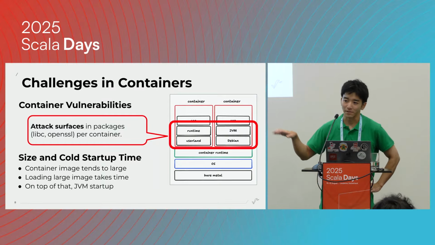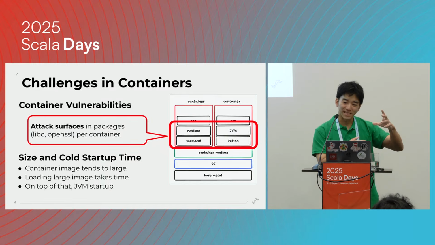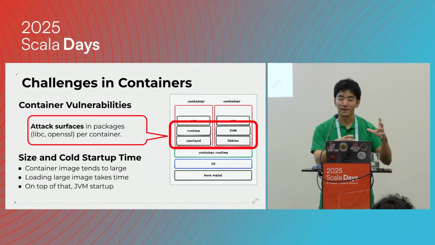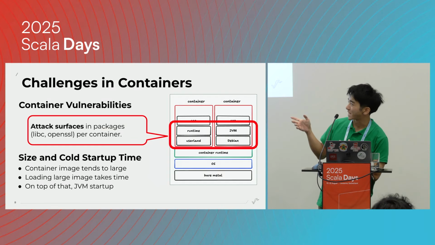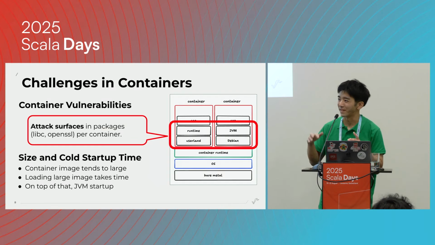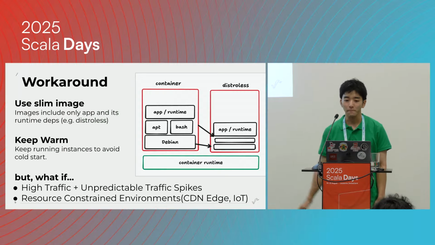Another challenge is size and startup time, because a container image installs a lot of things and tends to be very large, and loading a large container takes a lot of time. On top of that, if we are running a JVM application, we have to wait for the JVM to start up when we cold start the container.